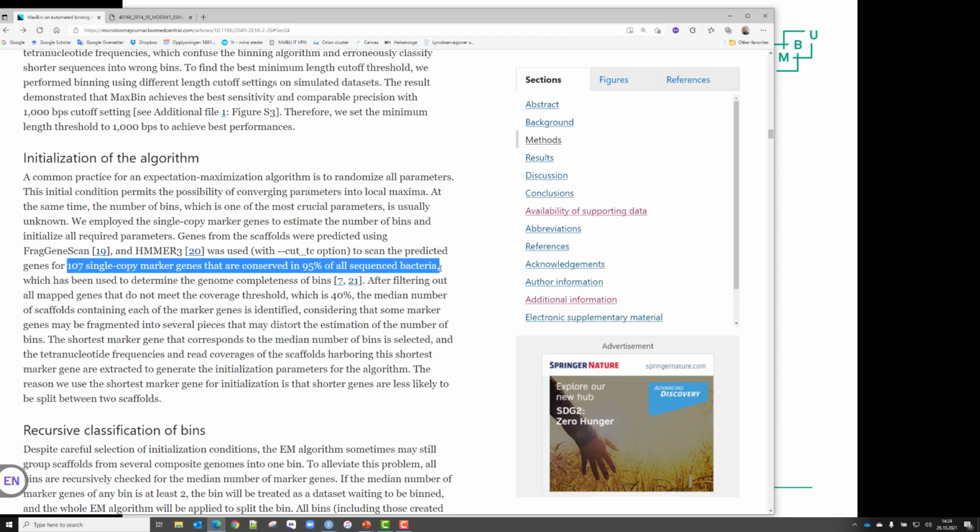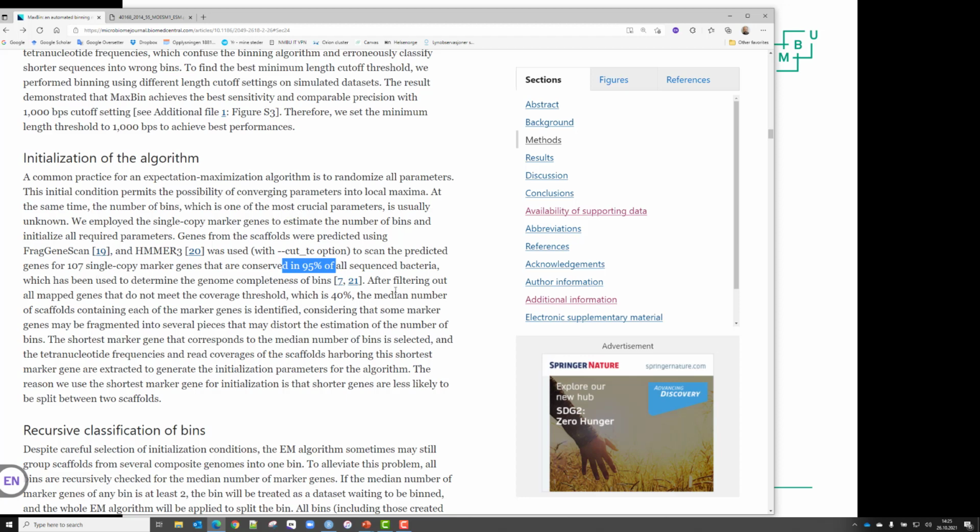Bacteria never have 2 or more copies of these genes, they claim; at least 95% of the bacteria have it as a single copy. And this, of course, means that if we now find a number of copies of these genes, this number of copies is a proxy for the number of genomes, because we know that each genome has one each, if we believe in this statement.